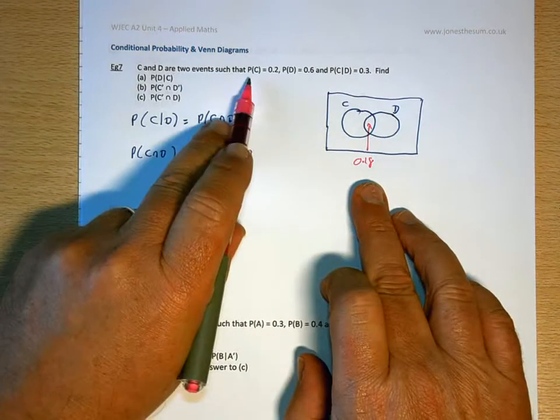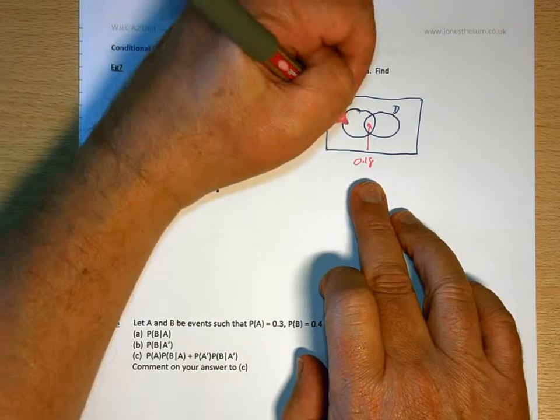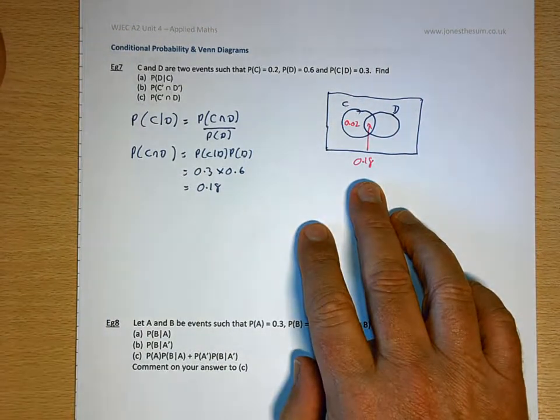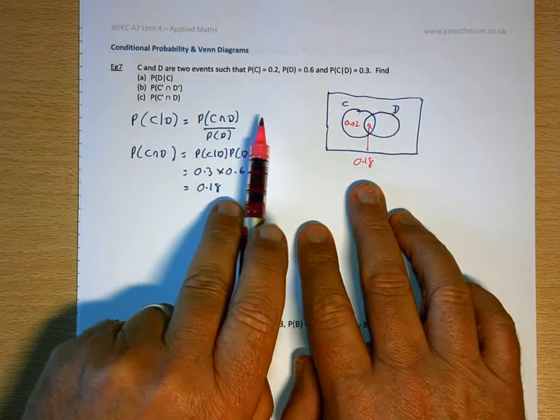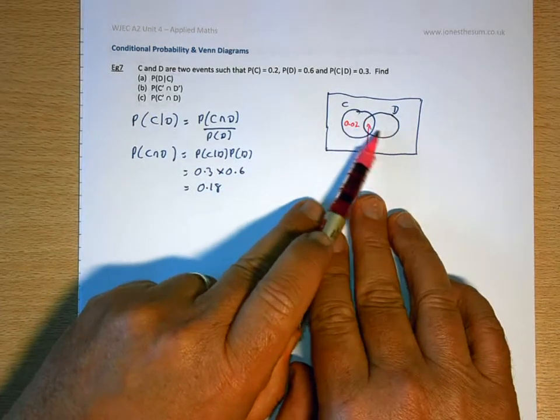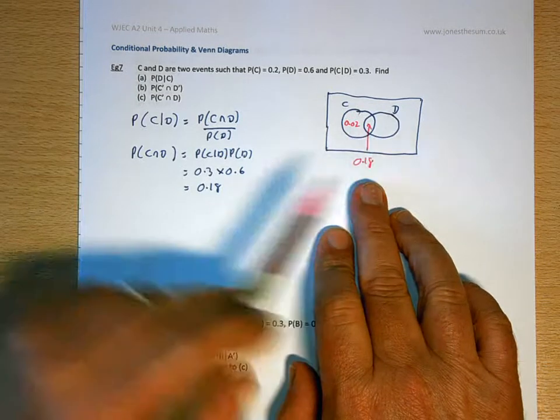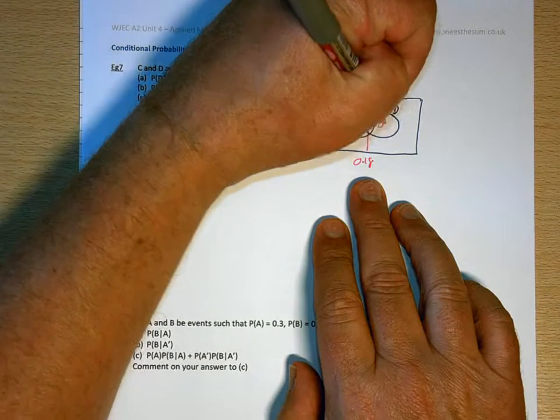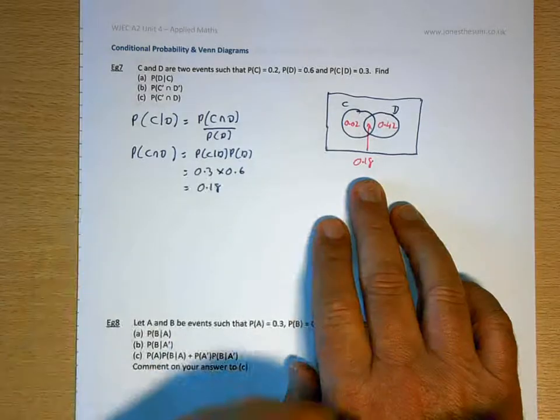If I know the intersection is 0.18 and C in its entirety is 0.2, that means that that must be 0.02. And I know that the probability of D occurring is 0.6, so if the intersection is 0.18, then only D occurring is going to be 0.42, the difference between 0.6 and 0.18.